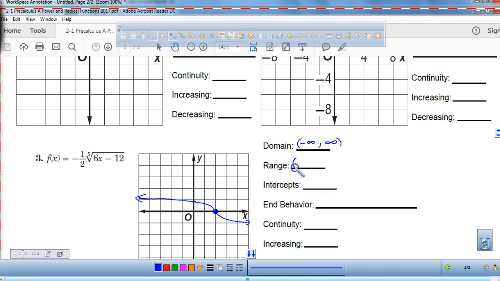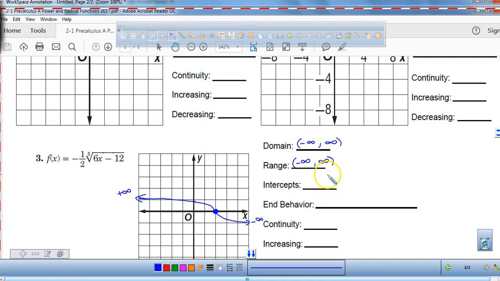Now the range is also negative infinity to positive infinity. The range up here is going to positive infinity, but here it's going towards negative infinity. But the range includes all those numbers from negative infinity to positive infinity.